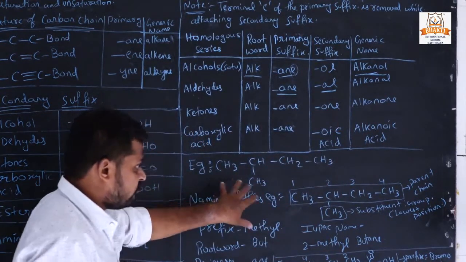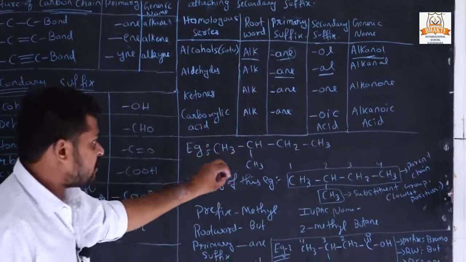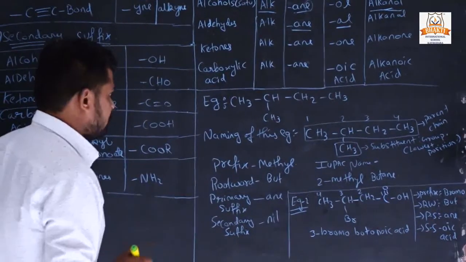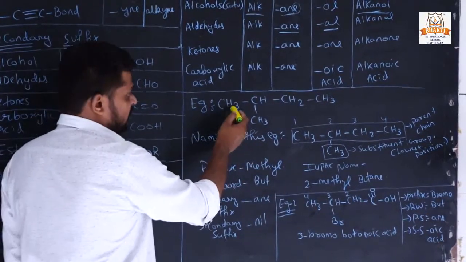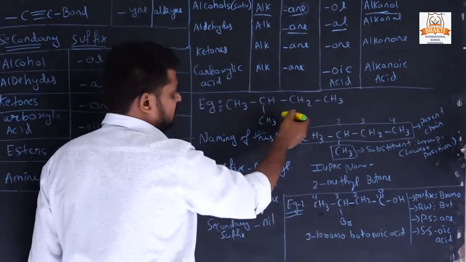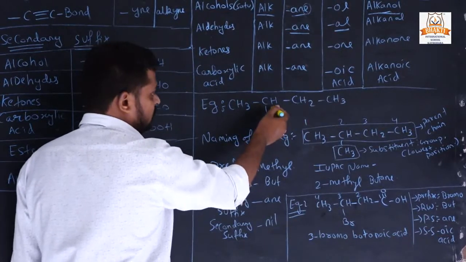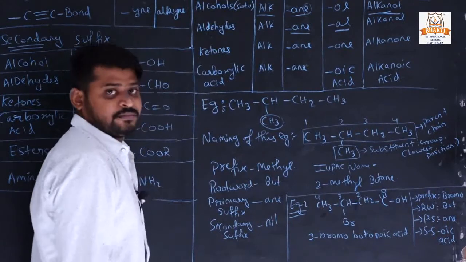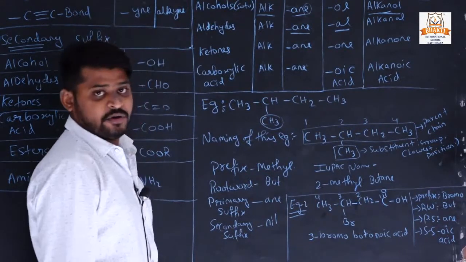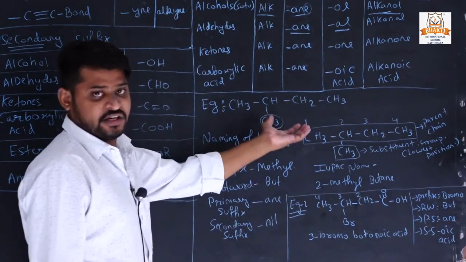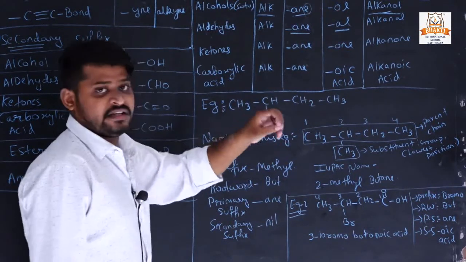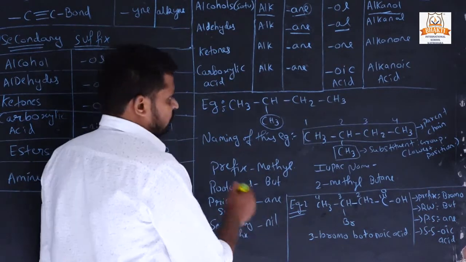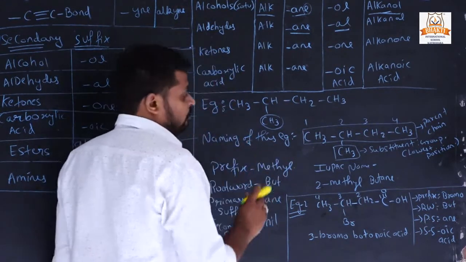So we will take an example so that it is clear how we will give the name. See here: CH3, CH, CH2, CH3, and here is our substituent group. Why? Because it is a branched chain in which CH3 is dropped out from the chain.